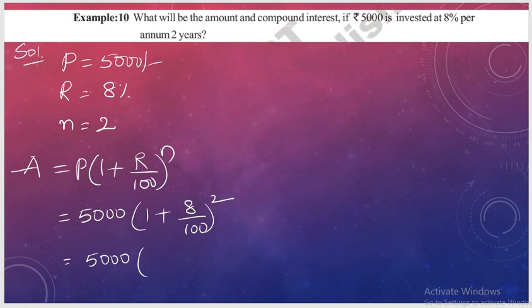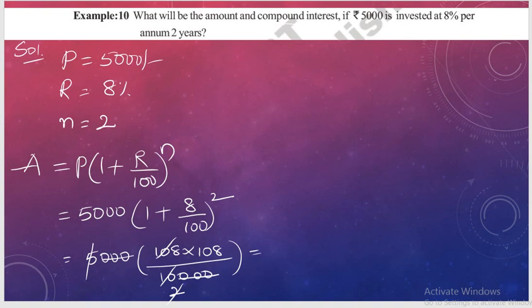In the 4 table, this is nothing but 108 into 108 divided by 100 square, which is 10000. I can cancel 3 zeros with these 3 zeros. This 5 in 10, I can cancel 2 times. Next 2 in 108, 54 times.